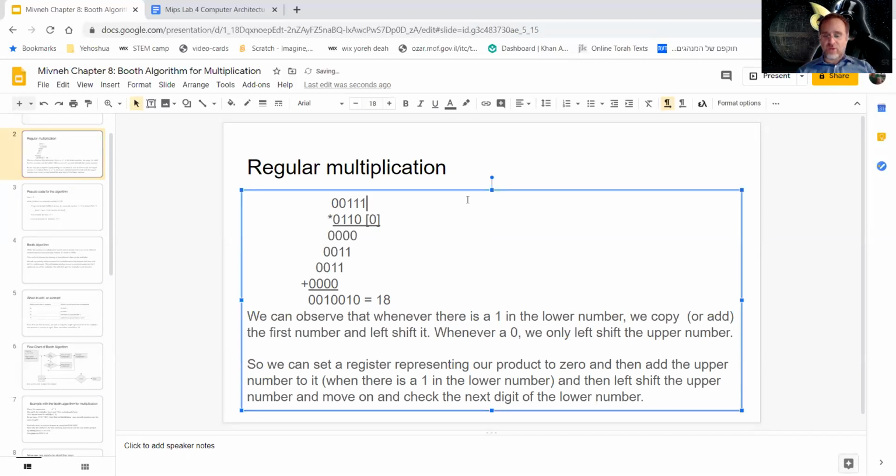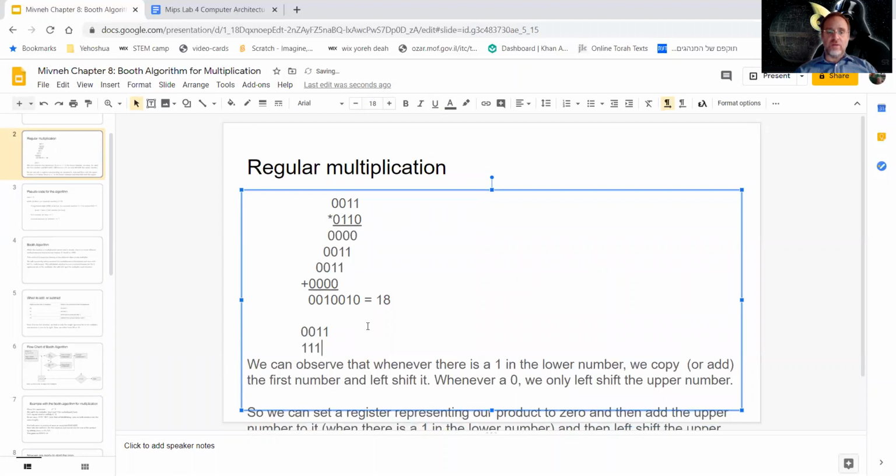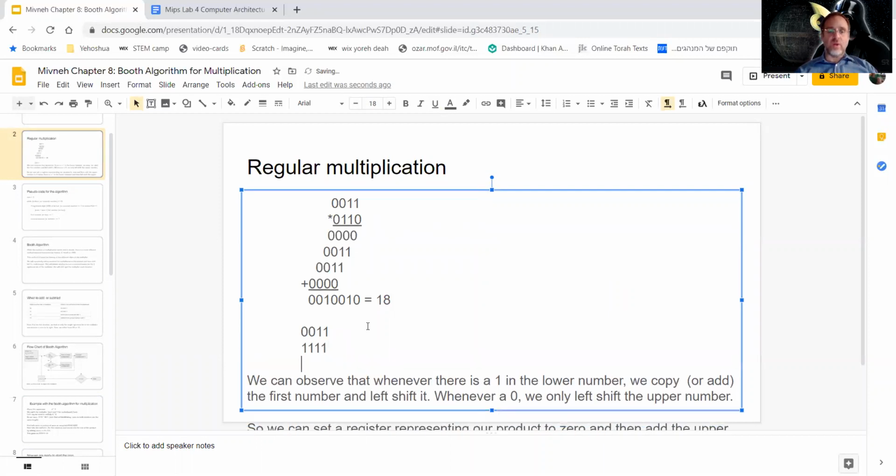Sorry, I'm writing in the wrong place. I don't want to ruin what I have here. Let me get rid of this. Should be obvious that if we just do, what is that? That's 3. That's 3 times -1. So what are we going to get?